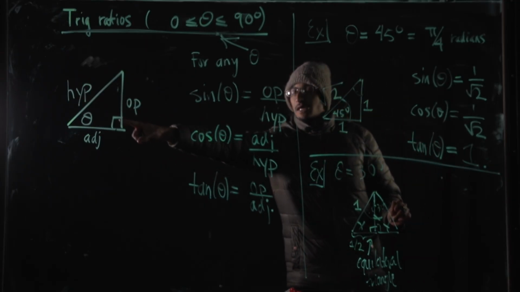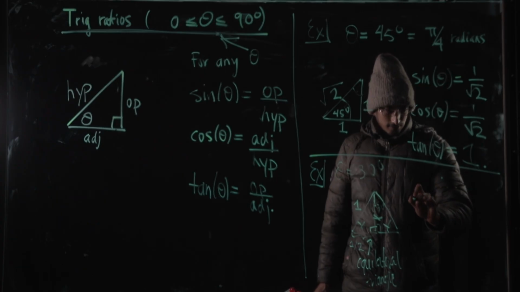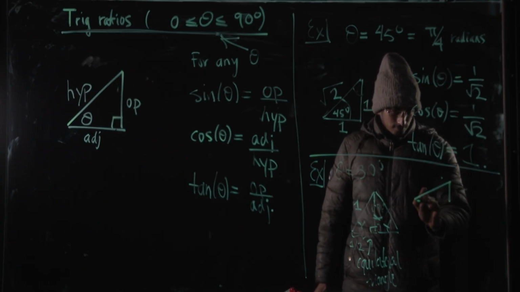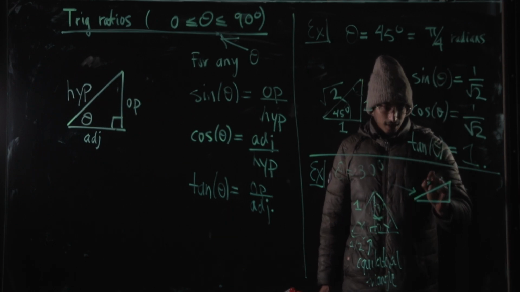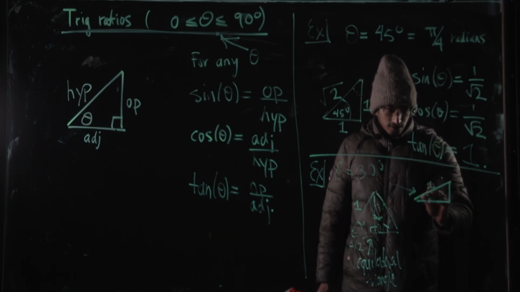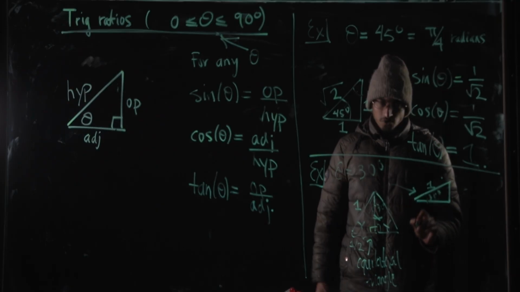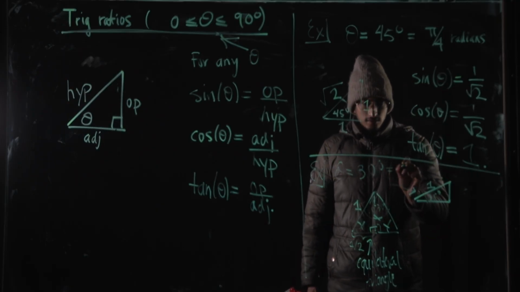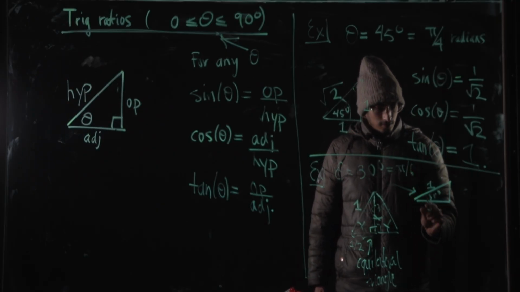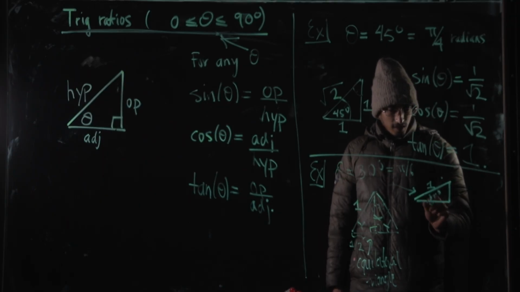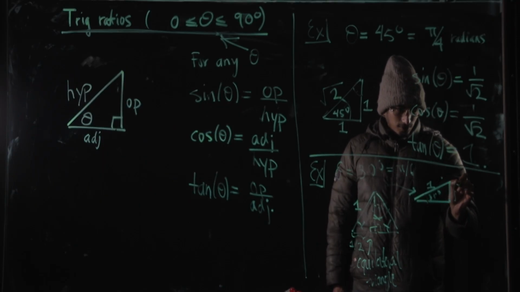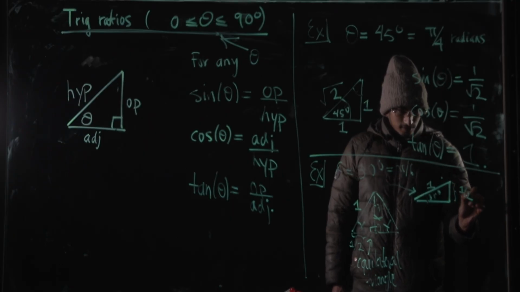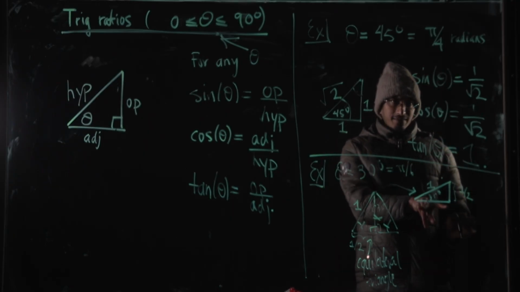I'm going to redraw this triangle in this format here. Here I get this. So this side length is 1. This one is 30 degrees, otherwise known as pi over 6. And this side length over here was 1/2. What will be this side length over here?